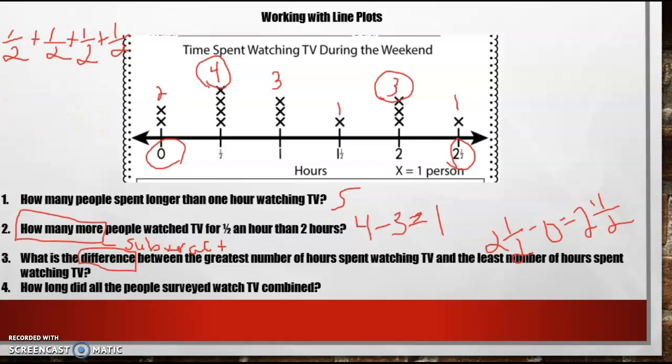Now, you know what? I don't have a lot of space. I'm going to erase that. How can I just make that short and easy? If I'm doing repeated addition, I'm adding up a half 4 times. How can I make it easier and write it as a what? I can write it as a multiplication problem.